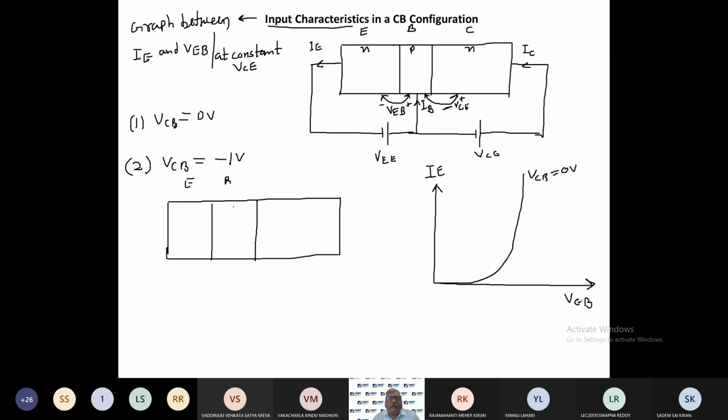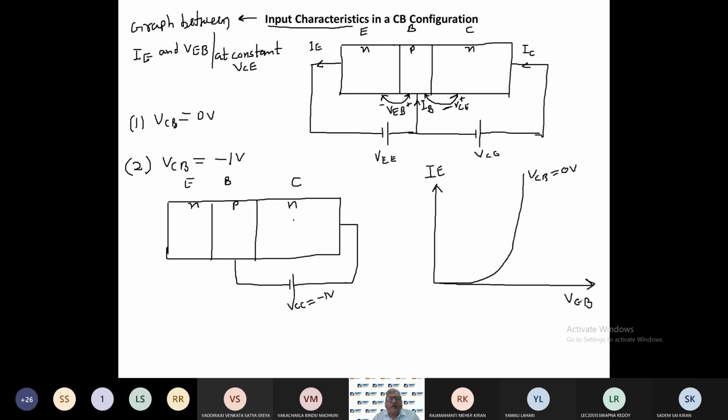Emitter, base, collector: N, P, N, right? Just concentrate on base and collector. Now suppose this VCC is now at -1 volt, right?